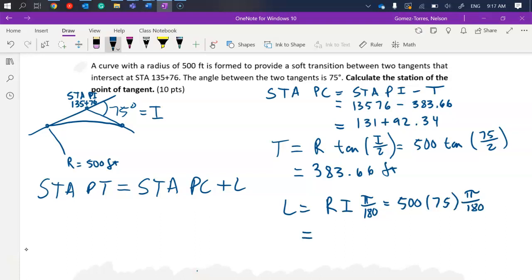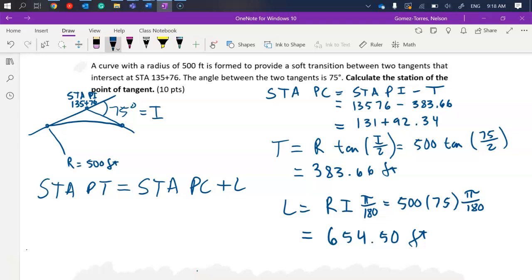So L for us, let's calculate that. 500 times 75 times pi divided by 180. We get 654.50 feet. Great. So that will be the length of the highway.